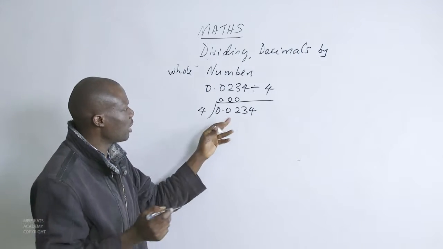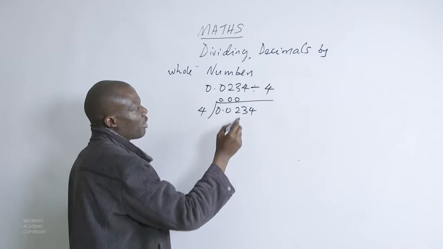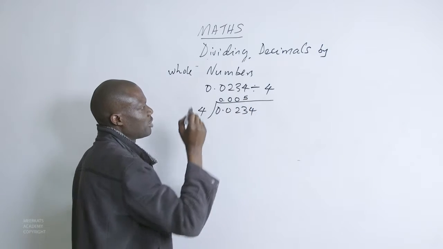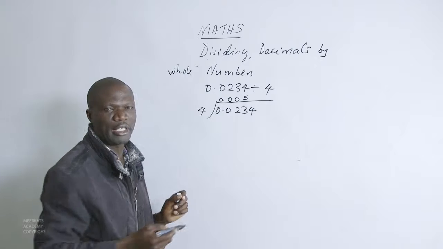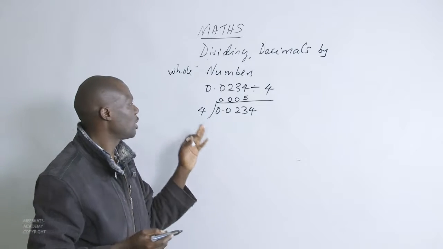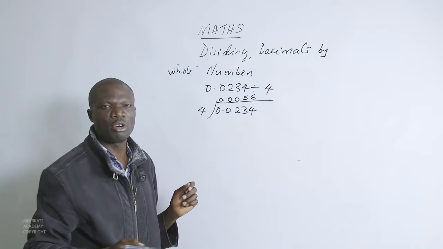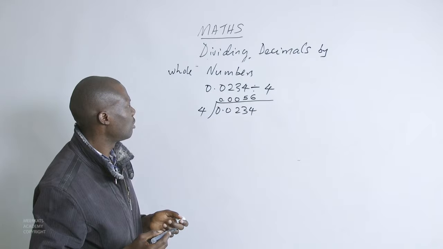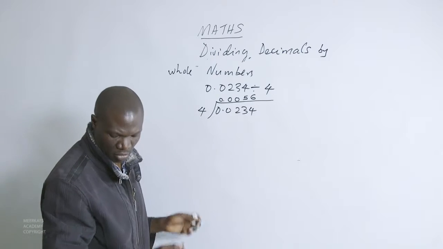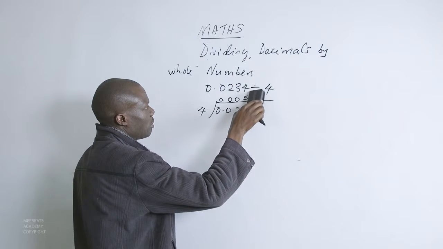So we have 2 here, so 23 into 4 goes 5 times because of 20, remainder 3. Then 34 into 4 goes 8 times.